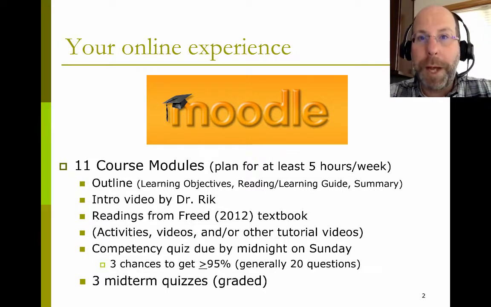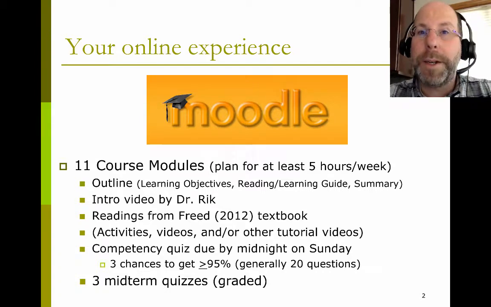To end each module, there will be an online competency quiz that's generally going to involve 20 self-graded questions, so primarily multiple choice or maybe some matching. And you will need to acquire 95% or higher to meet competency for that module. You get 3 chances and the quizzes are not timed.